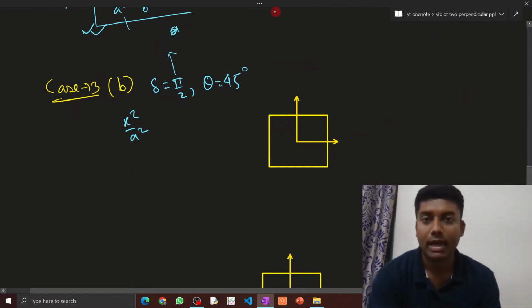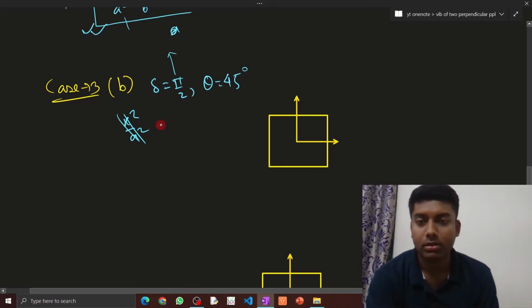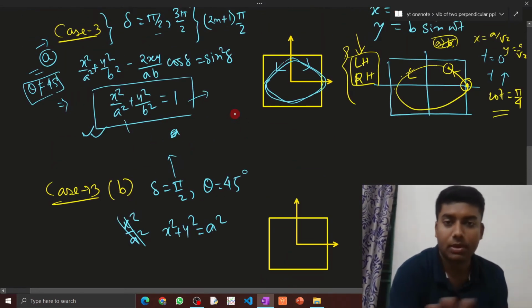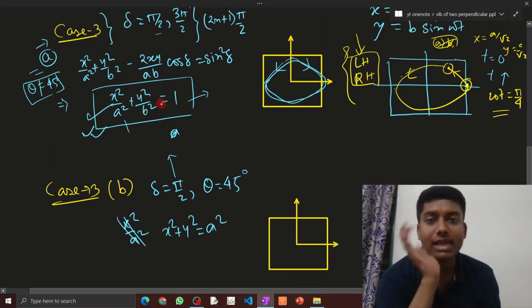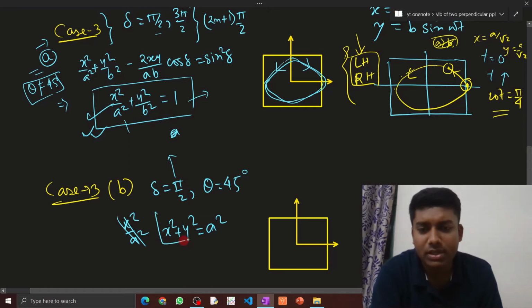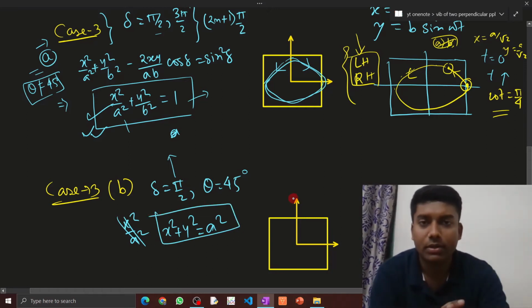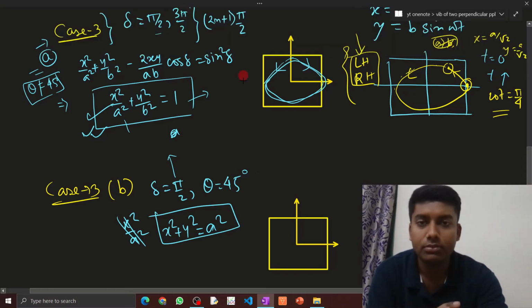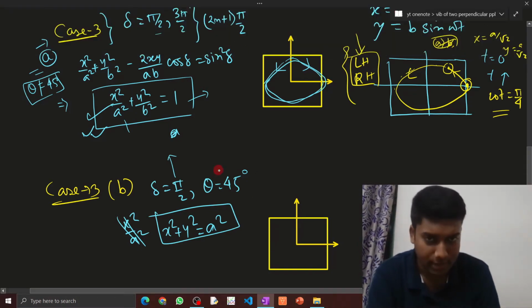Then I can simply write x square plus y square equals a square. This will happen as a and b are equal. So this is the equation of a circle.